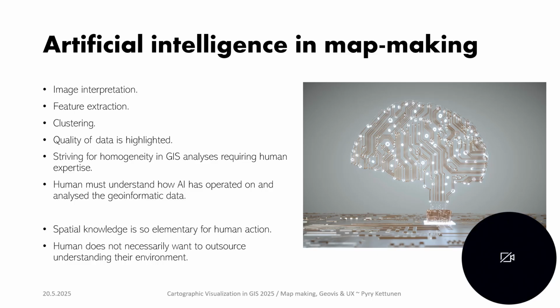Yeah, right. So in the map making world and in the geoinformatics world a little bit more generally, one of the most important application areas has been this image interpretation and feature extraction. Extracting features from the remote sensing products like aerial images directly to then input them into a map.